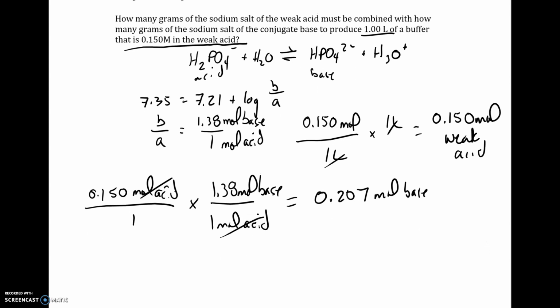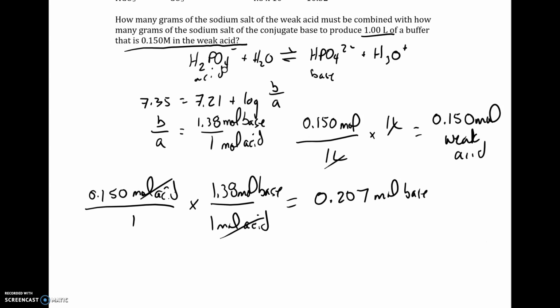Sure. So we have to get our sodium salt of our acid and figure out how many grams to get 0.150 moles of that acid. So the sodium salt of the acid, I go back up here to my acid. This is H2PO4 minus. That's going to be NaH2PO4. So that's sodium salt, acid.